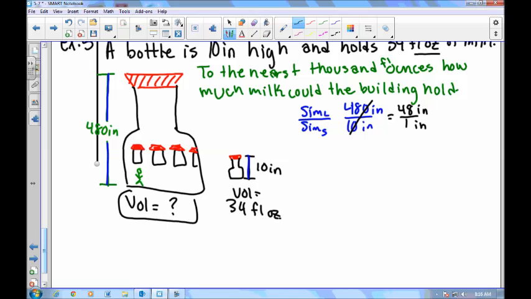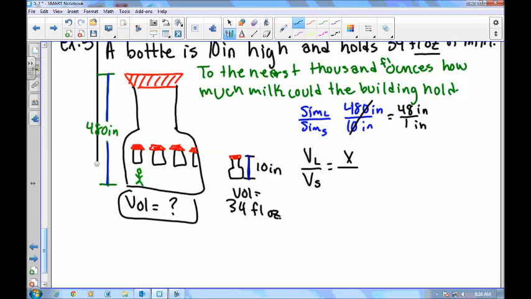Okay? Now what? Volume ratio. Okay, let's do it. Volume ratio of the large over volume of the small. Do we know the volume of the large? Nope.